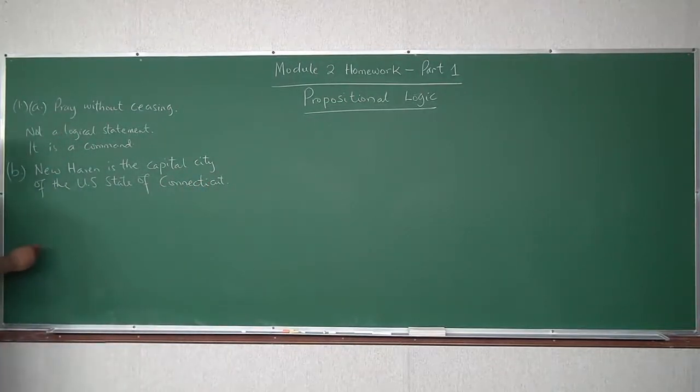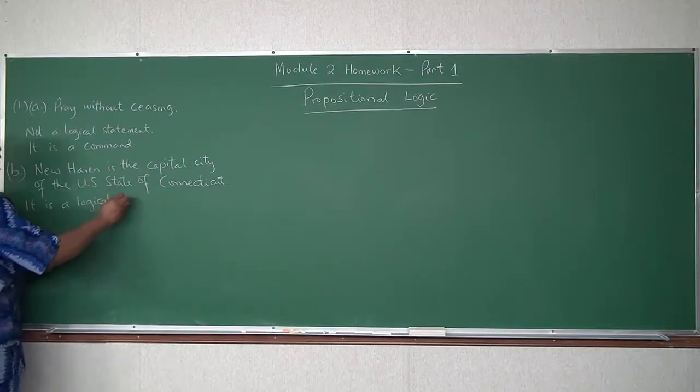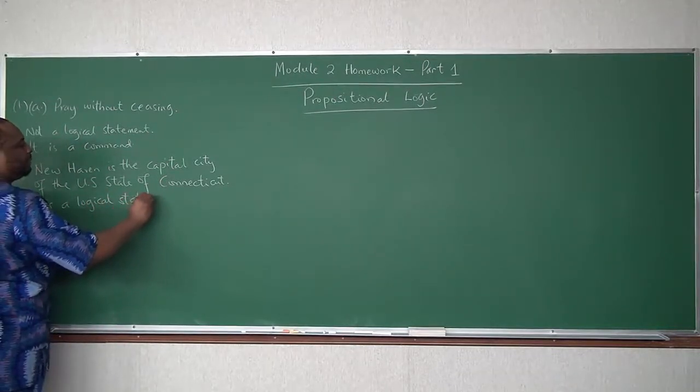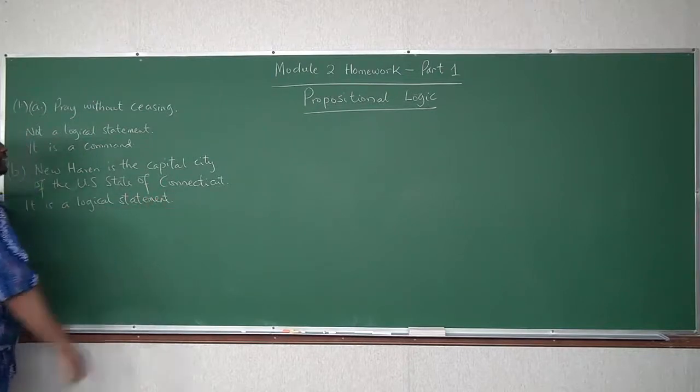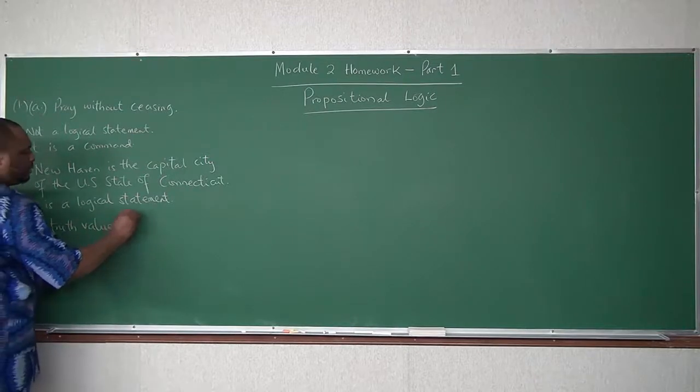Okay? Now this is a logical statement. It is a declarative sentence. It declares a fact. Okay? However, the truth value is false. It is a logical statement because it is a declarative sentence. However, the truth value is false. F.